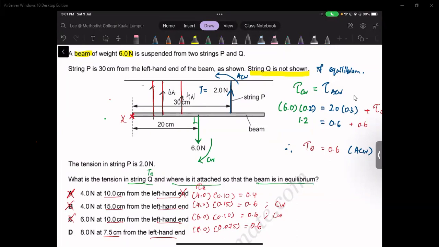And here is 8 Newton. Which one should I choose? What do you think, Jeremy? So that are balanced. It won't accelerate up. It won't accelerate down. The forces are balanced.